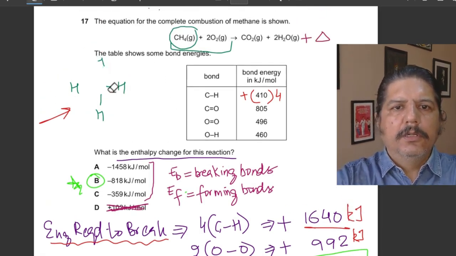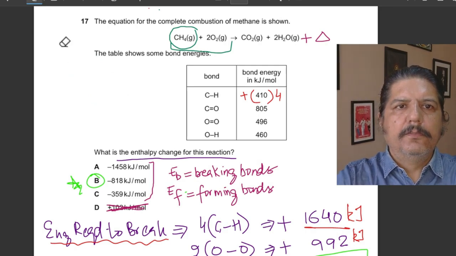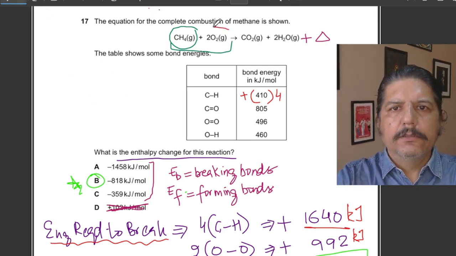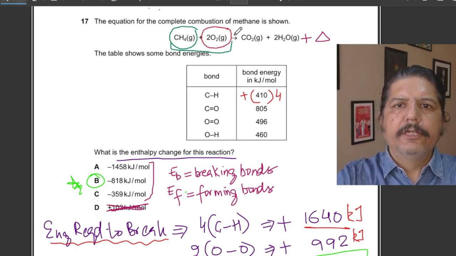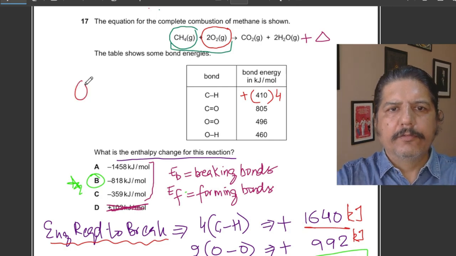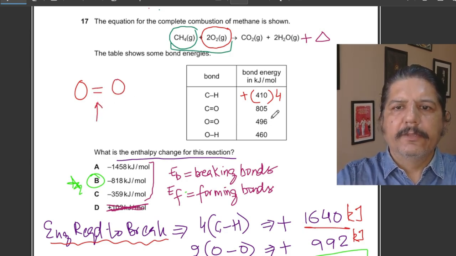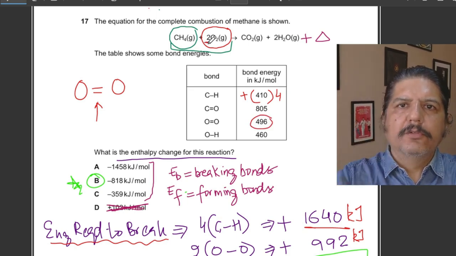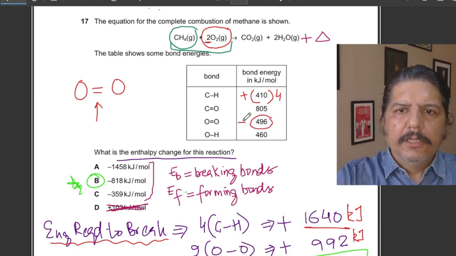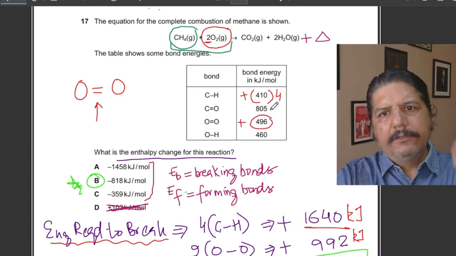Now let us look at the next reactant, where we need to break bonds. This is the OO bond that I need to break. It is mentioned here. Now if you see, there are 2 moles of oxygen molecules that I have to break, so I'll have to give energy.